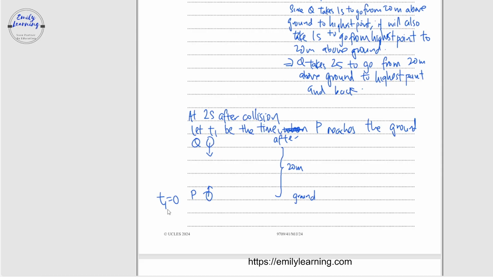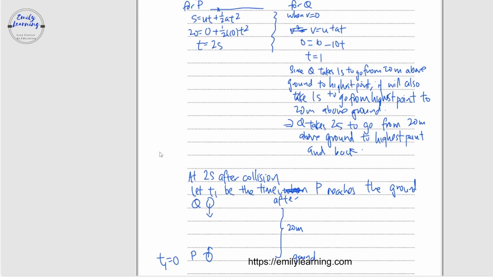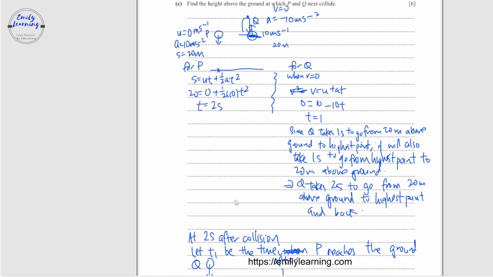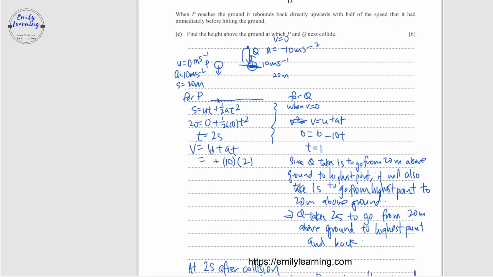So do I know what is the speed of P at this point in time? Well, I can find it from here, right? I can use V equals U plus AT. So at 2 seconds, with A equals 10 and U equals 0, I know V is 20 meters per second.